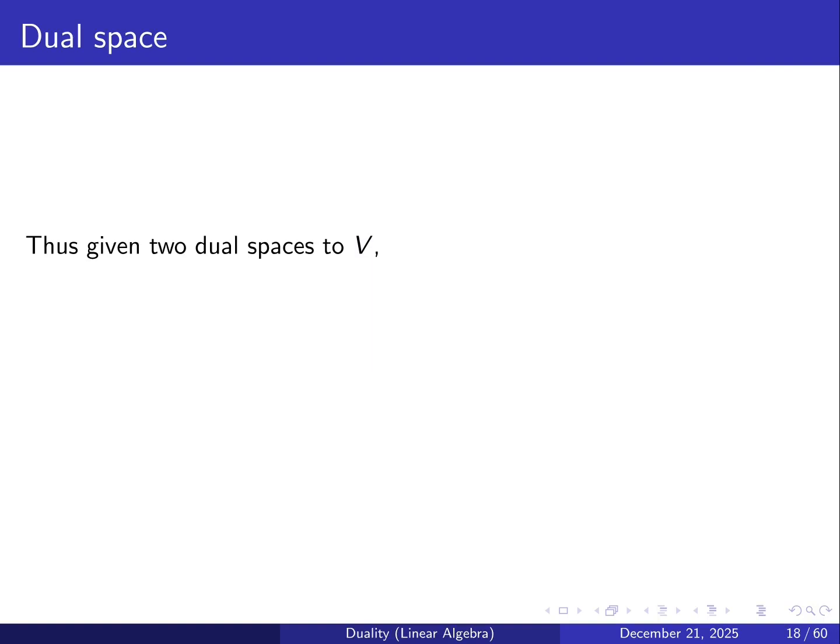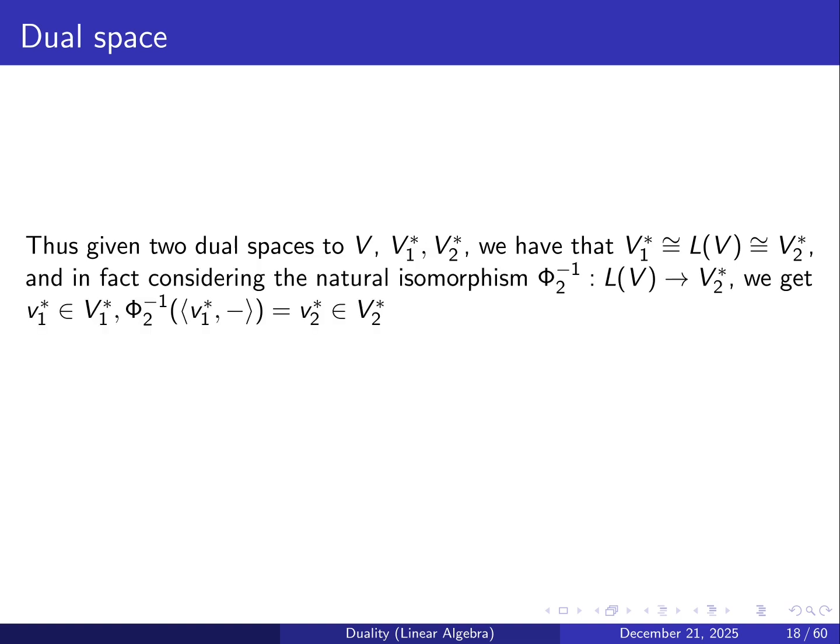Thus, given two dual spaces V1 star and V2 star, we have that V1 star is isomorphic to V2 star, and in fact, considering the inverse of the natural isomorphism between V2 star and the linear forms on V, for some vector V1 star, applying that inverse to the induced form by V1 star, we get some other vector from V2 star.